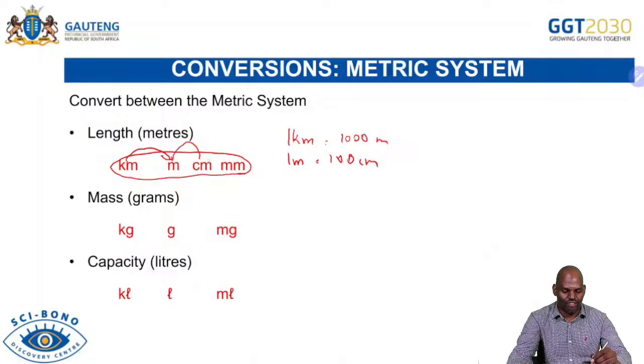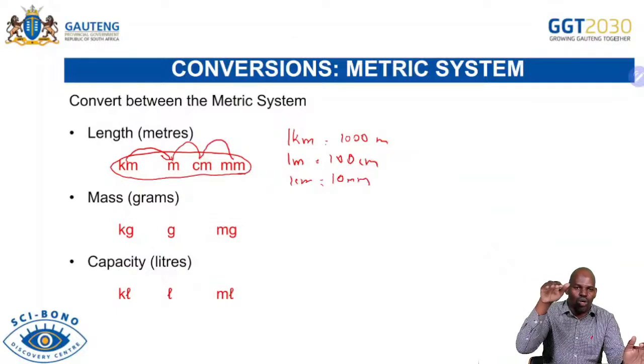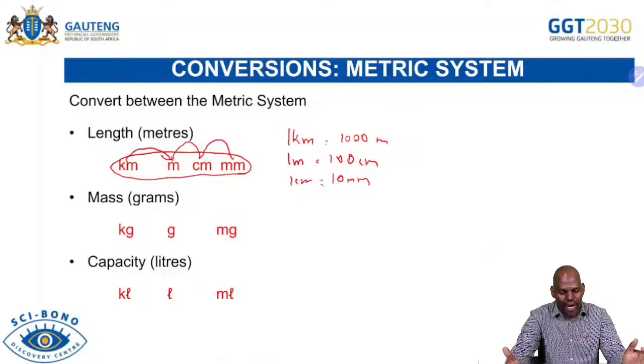The next one, from a centimeter to a millimeter: we should know that 1 centimeter is equal to 10 millimeters. This one is something you should know, boys and girls, because if you check your rulers, on one edge it indicates centimeters and on the other edge millimeters.